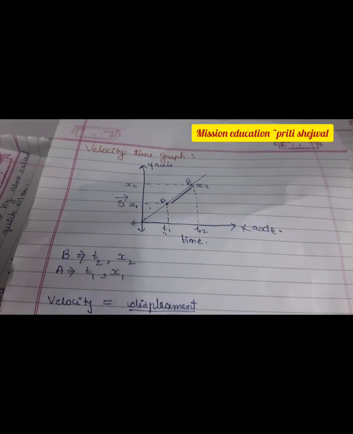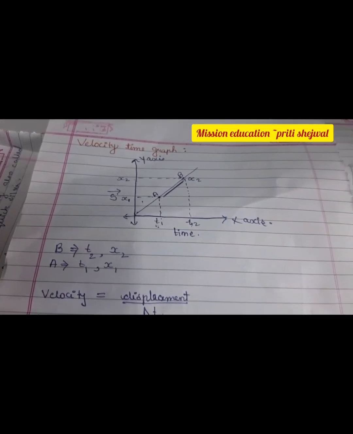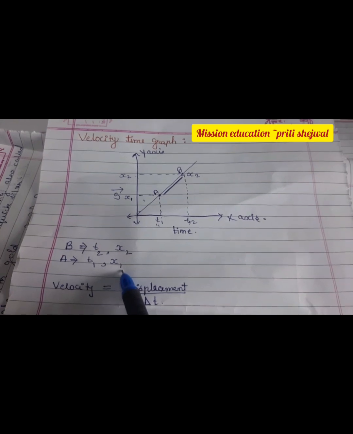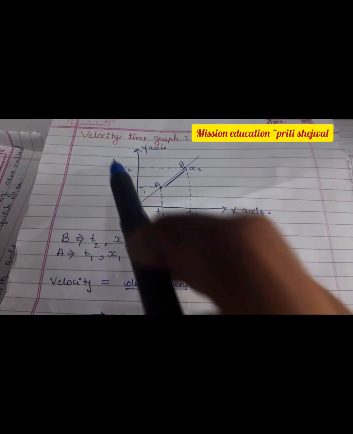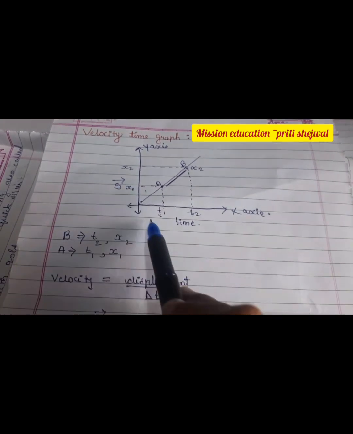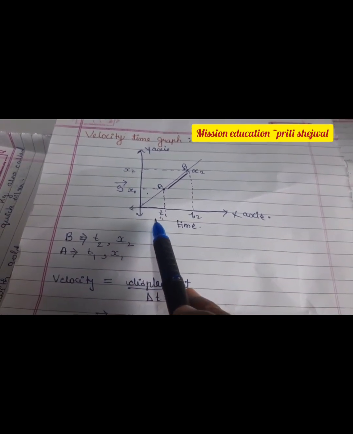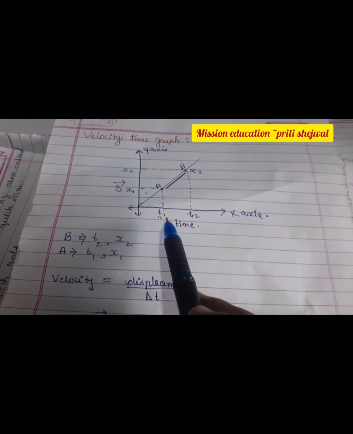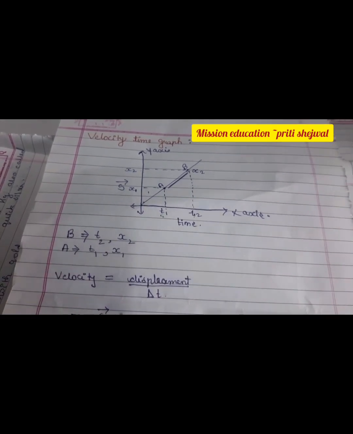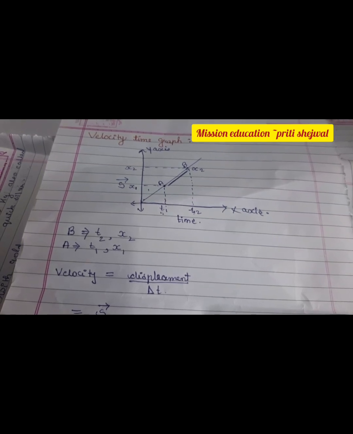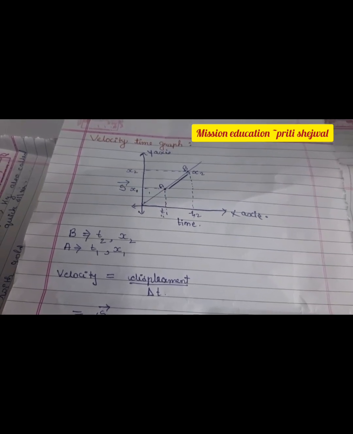Here we are going to subtract the A coordinate from the B coordinate. On which axis is displacement written? On the y-axis. So we are going to subtract the y-axis values, X2 minus X1. On which axis is time written? On the x-axis. So in the denominator, what are we going to take?